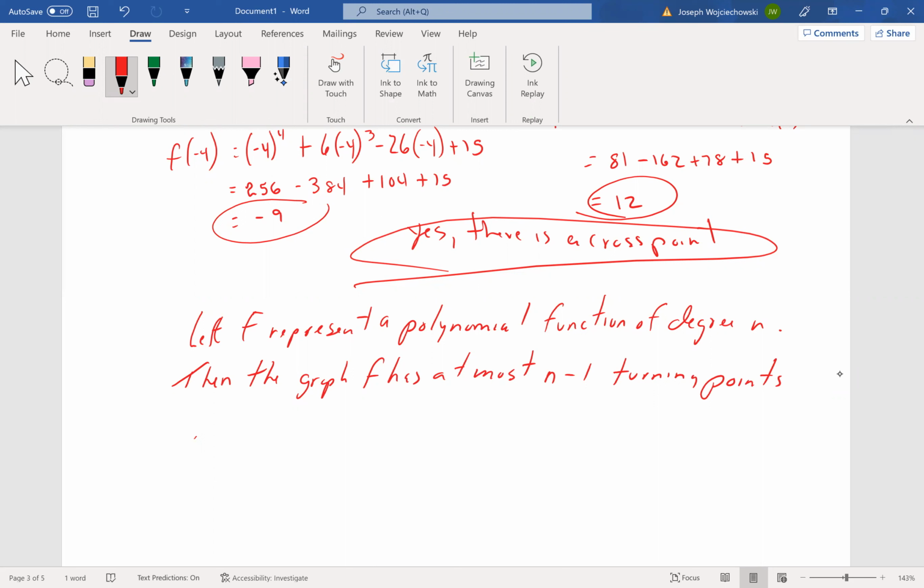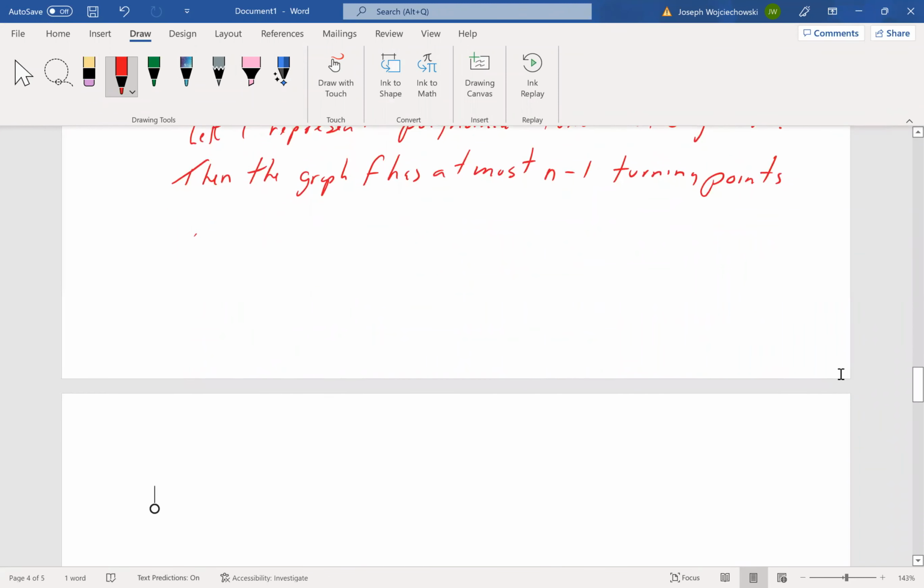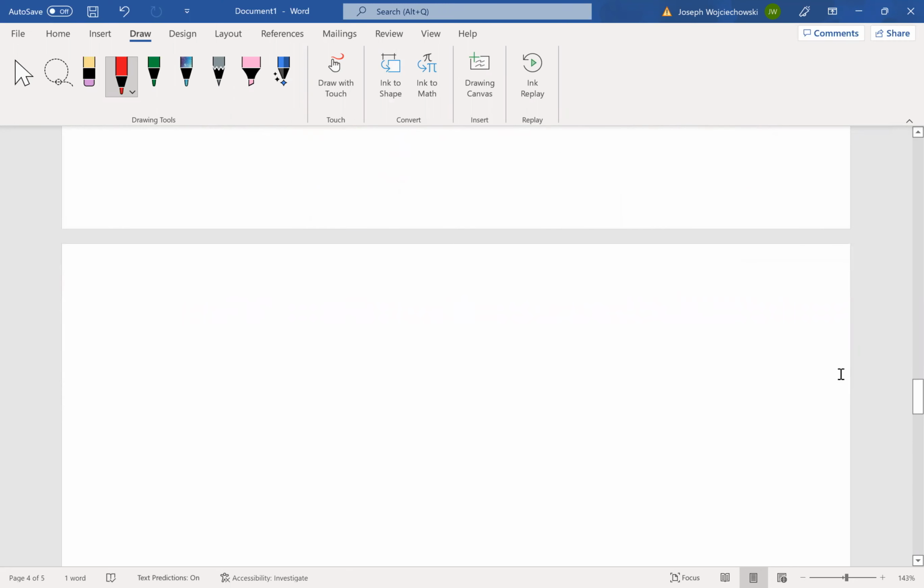So we can put this all together and graph a function. So let's graph something. Now let's go through this procedure anyways.